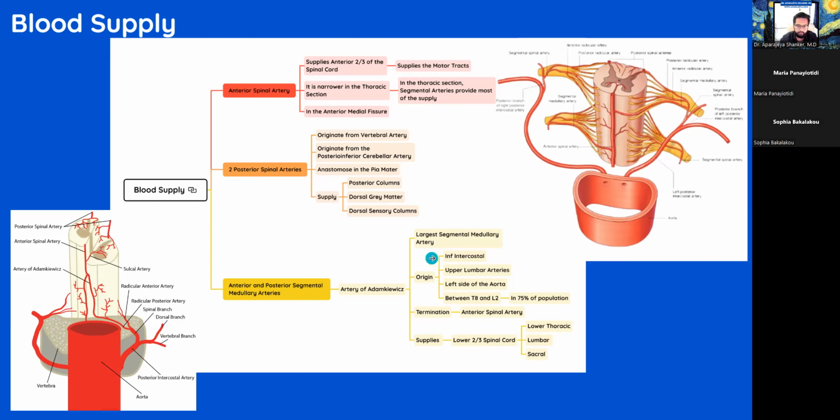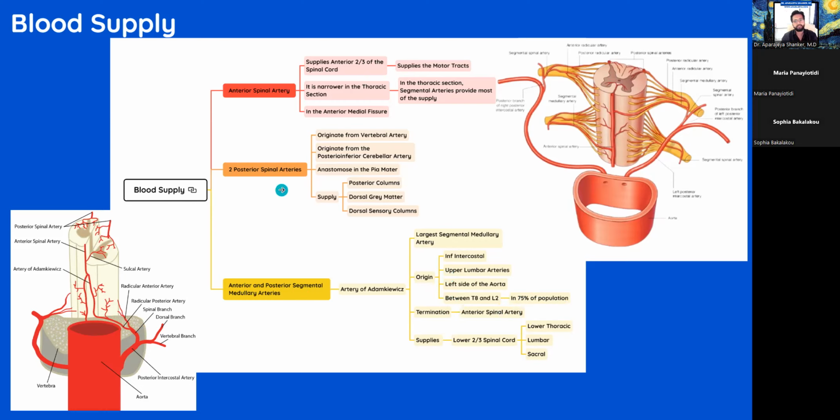And this is entirely because it has some supply from the inferior intercostal arteries. It has some supply from the upper lumbar arteries, anywhere between, say, T5 to T8-ish, something like that. And it's on the left side of the aorta. In 75% of the population, it lies between T8 to L2.